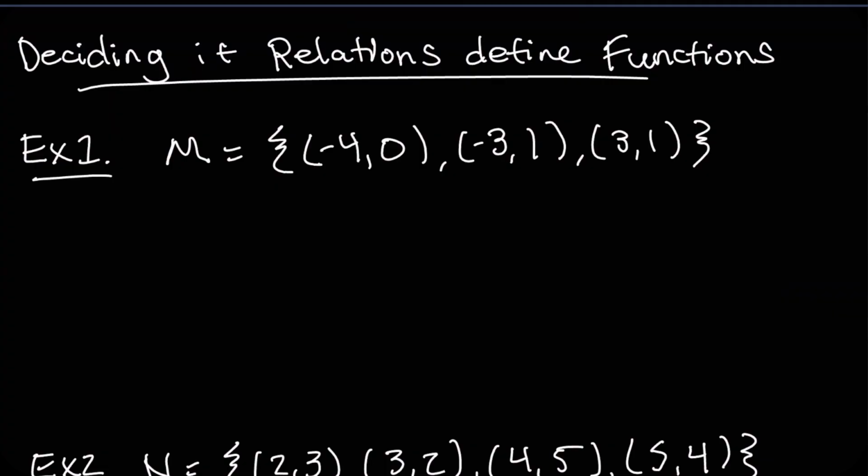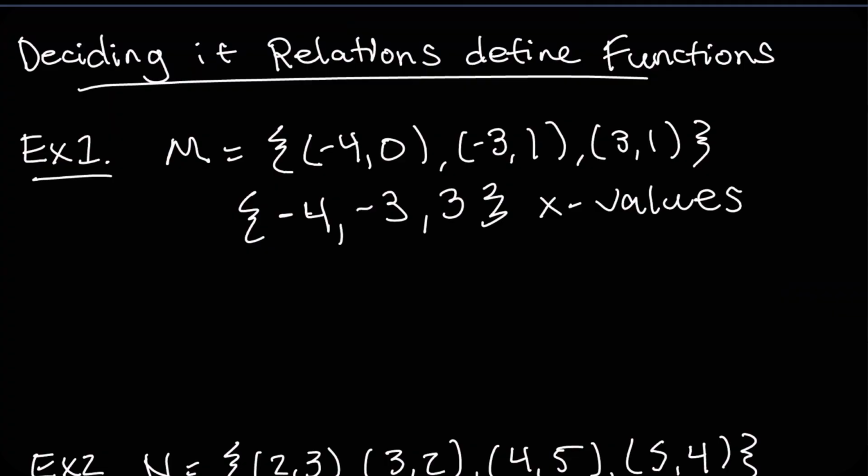So for the first example, we have (-4, 0), (-3, 1), and then (3, 1). So let's go ahead and write our x values here. Our x values are -4, -3, and then finally 3. Let's go ahead and map our y values out.